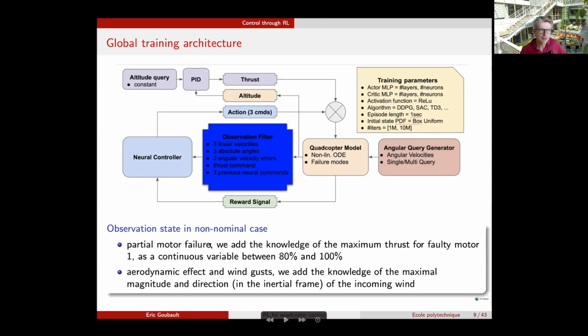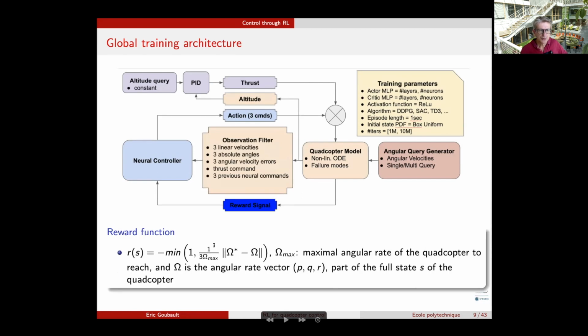In case of non-nominal training, we'll add some knowledge of the saturation for the partial motor failure and of the wind gust magnitudes that we can measure both on ground and actually directly on the quadcopter sometimes. Okay. So the reinforcement learning will try to find the right actions given these observations, but it will try to maximize some reward.